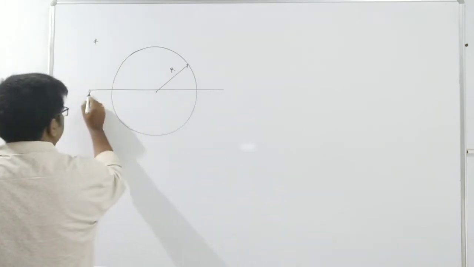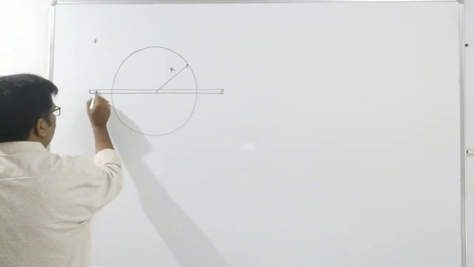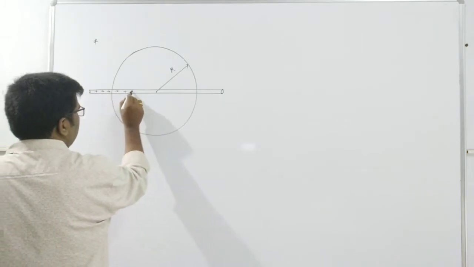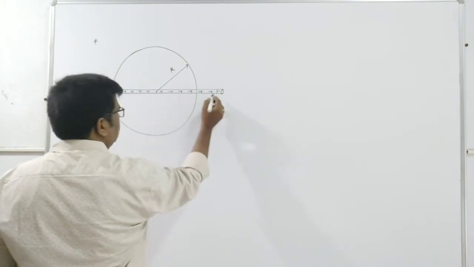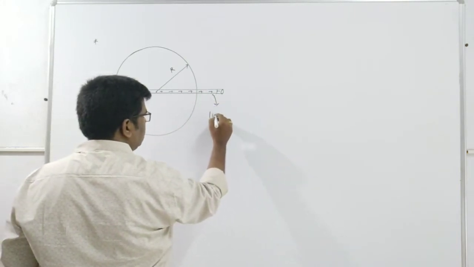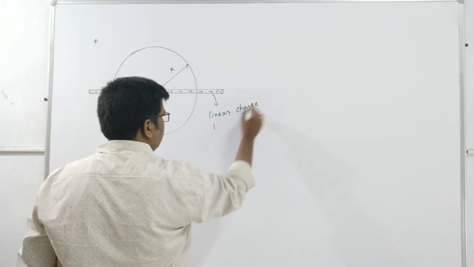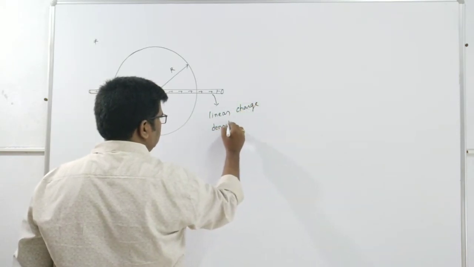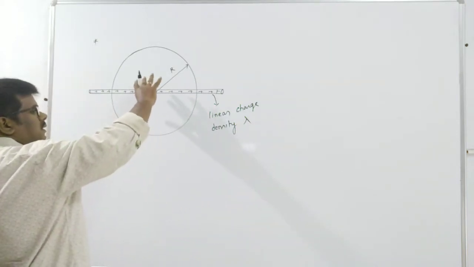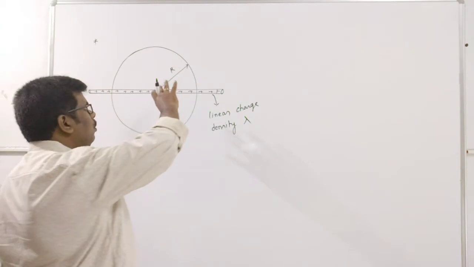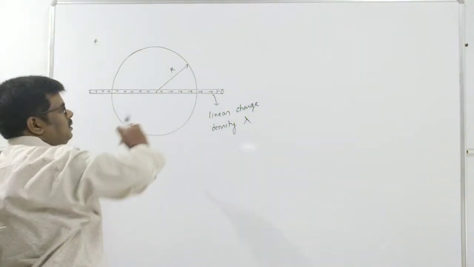If the linear charge density is lambda, then what is the total flux that emanates from this spherical surface?